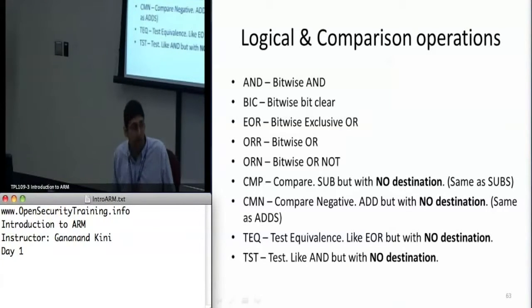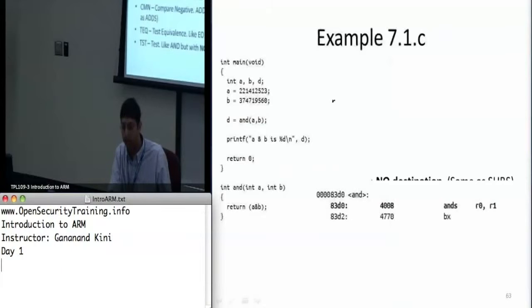Instead of doing an add or a subtract, now you do an exclusive OR with two register values, and it updates the flags for equality using an exclusive OR. And finally, TST does an AND. We'll look at conditional execution a little bit later. That's where these will be useful, so you can actually do a branch based on the logical operation preceding it.